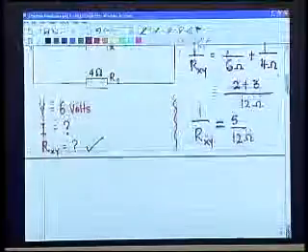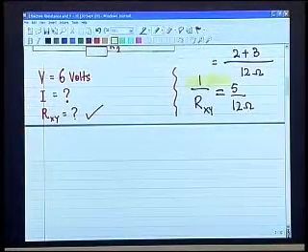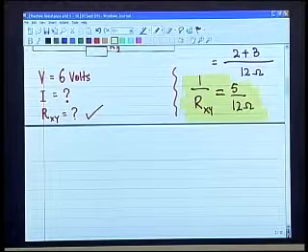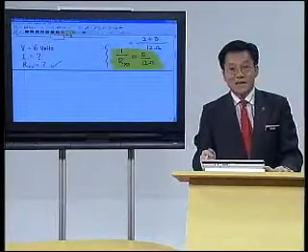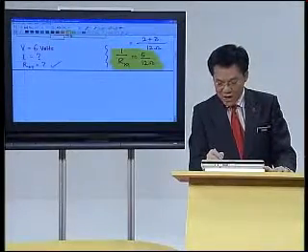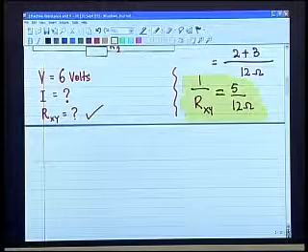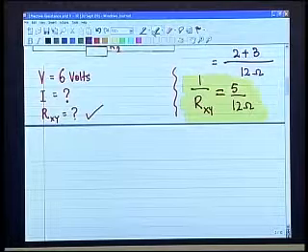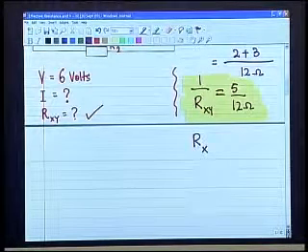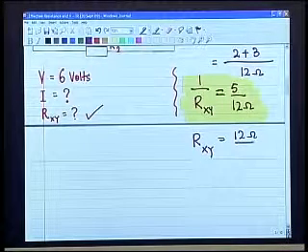Now this is very, very important. This whole equation that I have just done is very important. Many students make a mistake. They say that RXY is equal to 5 divided by 12. And that's wrong. What is RXY? RXY is equal to 12 ohms divided by 5.